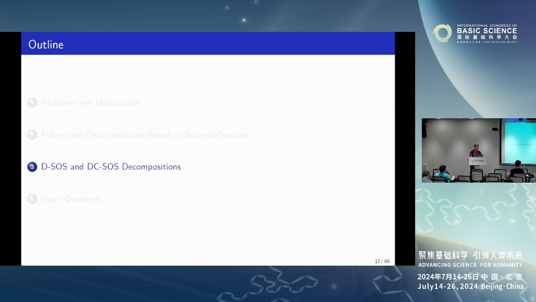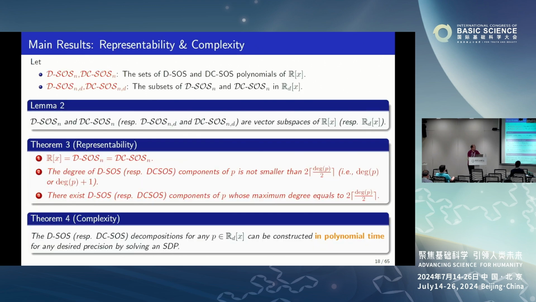So now we focus on our new decomposition techniques, difference-of-convex-sums-of-SOS and difference-of-SOS-convex. Here is the definition. We use this notation with n or n,d, where n means n variables. It is the set of polynomials in R[x], and n,d means the subset of polynomials of degree at most d.